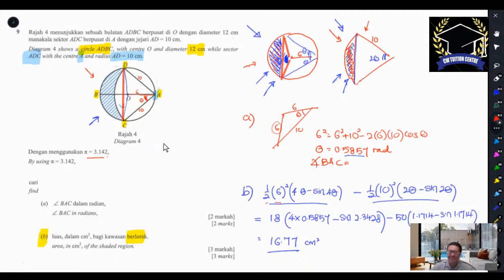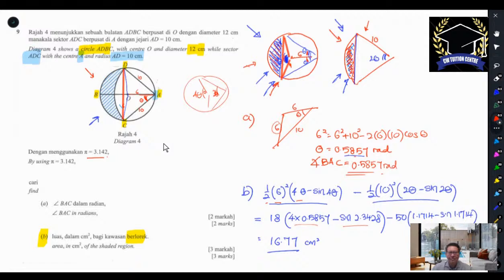Be very careful. The radius is 6 for this one. For this circle is 6. We are using 4 theta because the theta is here and 2 theta is here. If this is 2 theta, here will be 4 theta. So I will be using 4 theta minus sine 4 theta. This one is, I forgot to write. If not, I don't get marked. Okay.